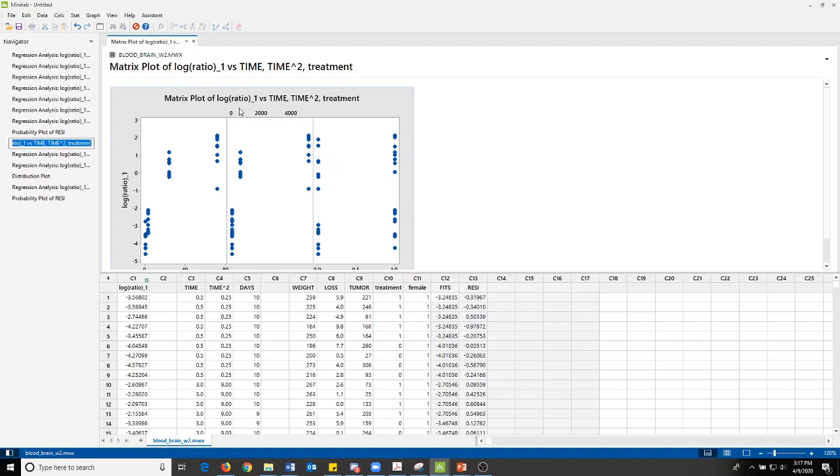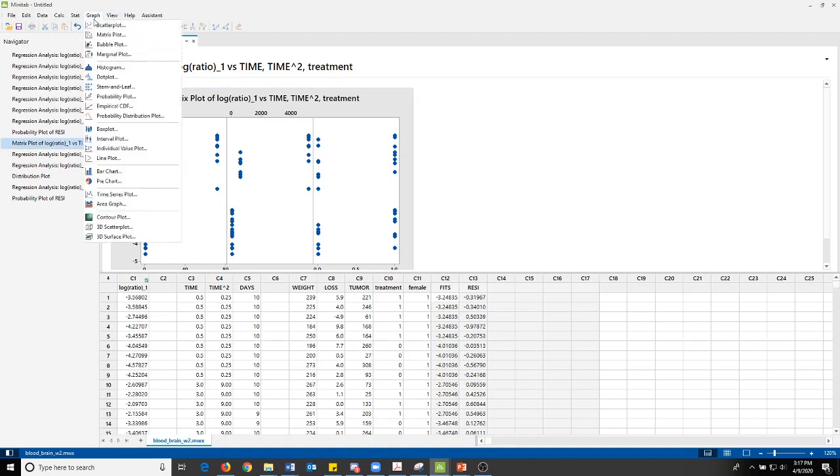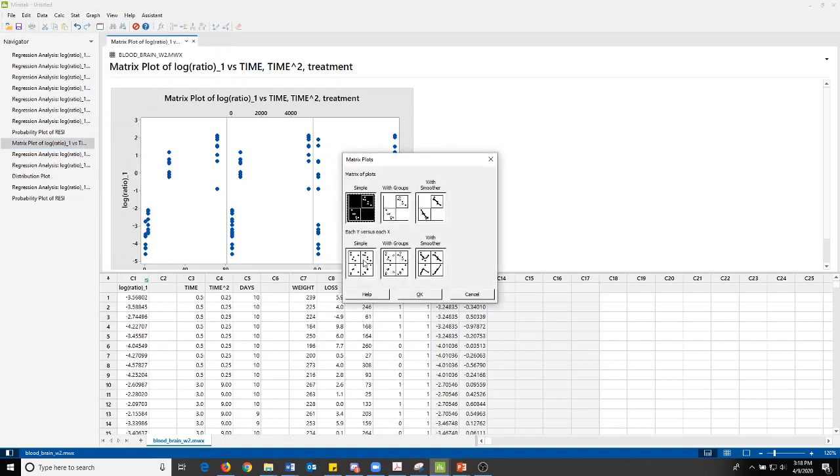Sorry about that. What I want to do is use the scatter plots of each one. That's a little extra bonus information that we have there. So I want the matrix plot. I want each y versus each x. I'm going to click OK.